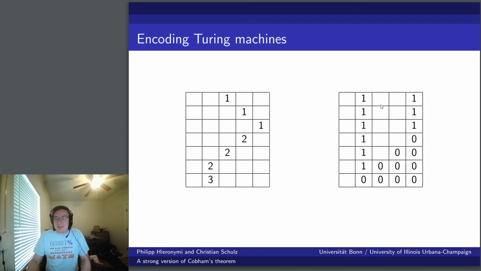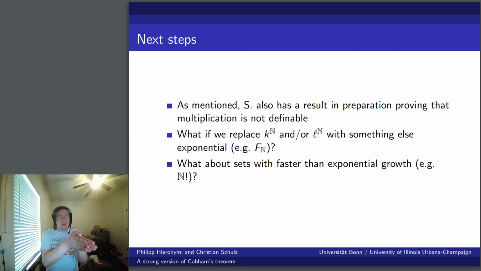And the columns here correspond to powers of k, so we need to be able to move to the next power of k. Of course, if k is a constant, that's as simple as a constant multiplication by k, but if we didn't have a set of powers, it wouldn't be a constant multiplication anymore. It would get a little bit trickier. And then we have similar issues with powers of l.